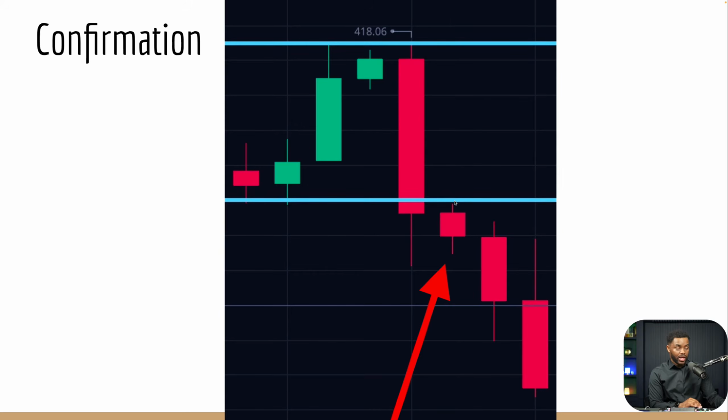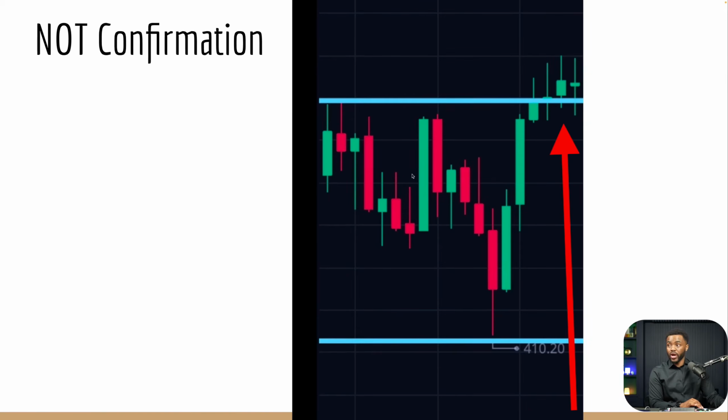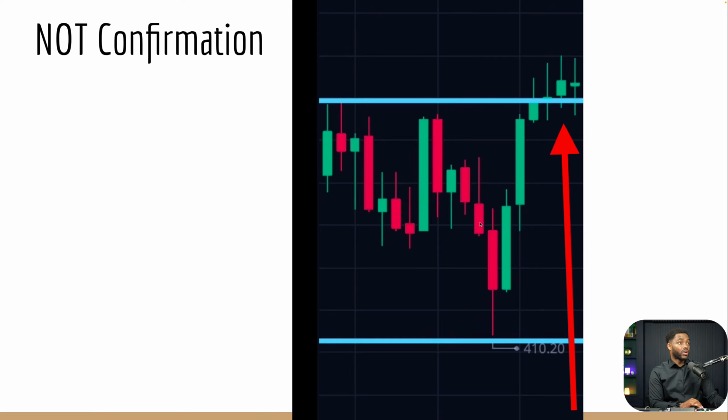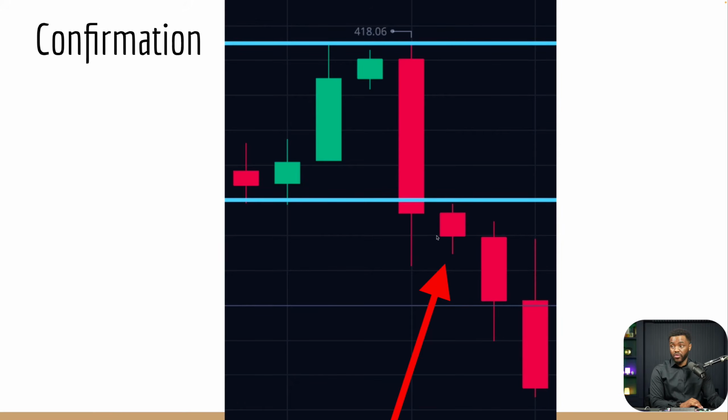It's not touching the line at all, and it's red. So for the calls, you want it to be green. For the puts, you would prefer that it was red. So down here, for the put options, when you break below, if this one was green, it could potentially jump back into the zone, and that's not what you want.